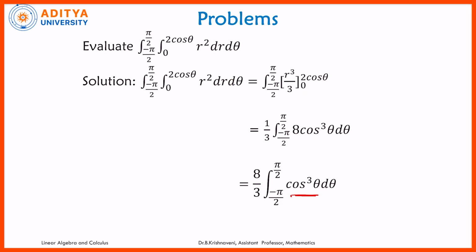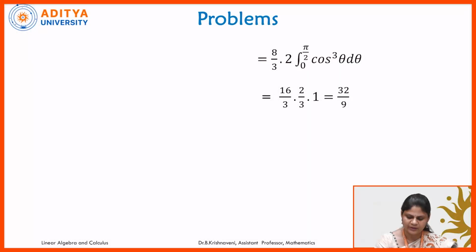Here clearly it is an even function. So therefore the integral can be written as 8 by 3 into 2 into integral 0 to pi by 2 cos cube theta d theta. Now what is the value of this? We have formulas for that.